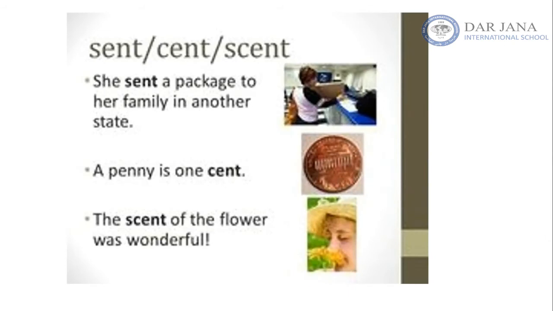We have these three words, sent, cent, and scent. The first sent, which is spelled S-E-N-T, means something that we send. It's the verb. She sent a package to her family in another state.